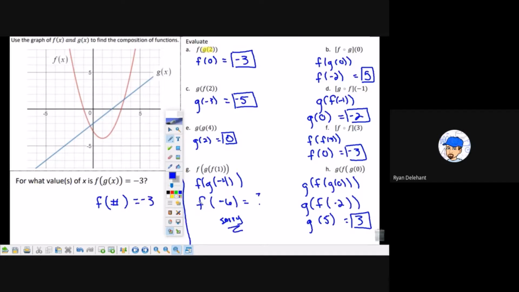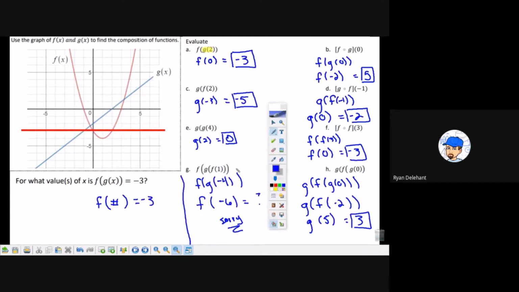Now remember, the -3 as an answer is a y value. So that means we've got to look at -3 right here. And we've got to figure out when it hits graph f. So it hits graph f in 2 places, here and here, right?